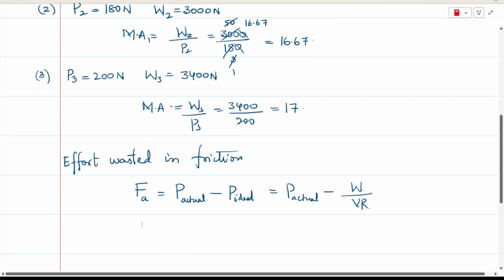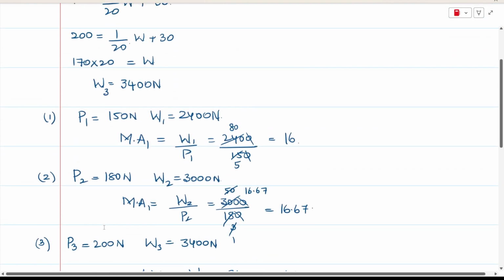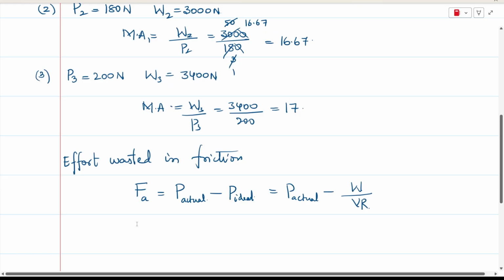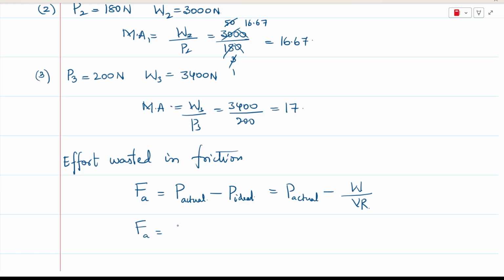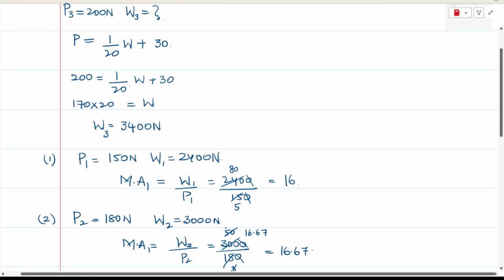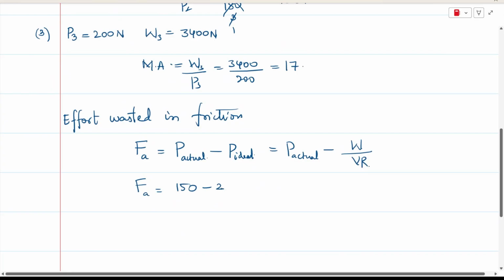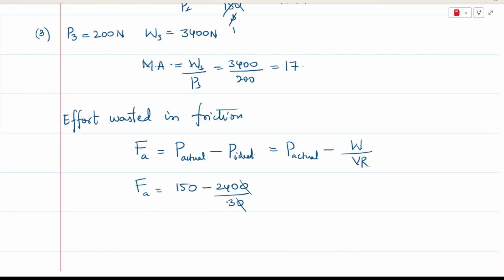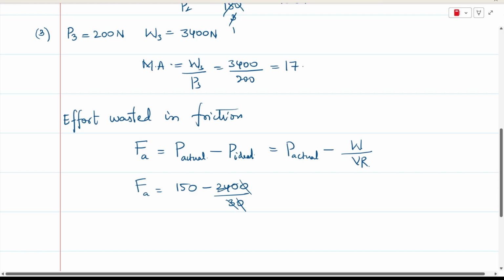So for the first case, P1 is 150. The effort lost in friction is P actual, 150, minus W1, 2400, divided by 30. So 2400 divided by 30 is 80, and the effort lost in friction will be 70 Newtons.